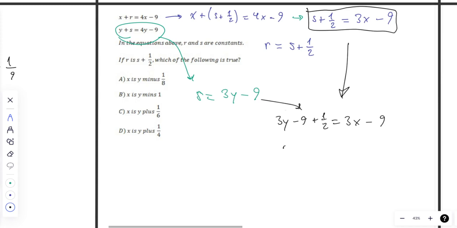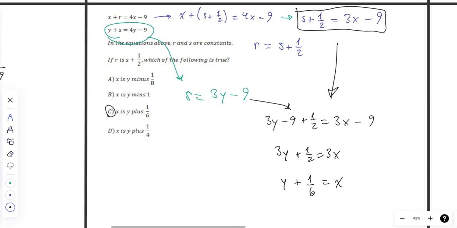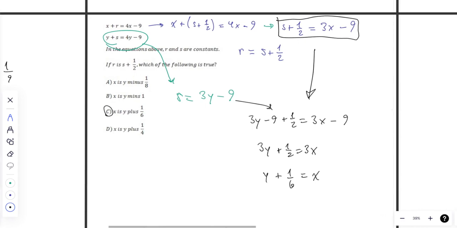Minus 9s will really cancel, so it's 3y plus a half is equal to 3x. And everything's asking for x in terms of y. So let's divide everything by 3 first to get y plus 1/6 is equal to x. And there we should have our answer, which is x is y plus 1/6. A nice little substitution problem.